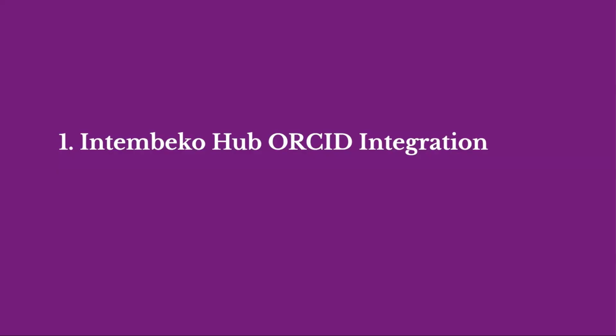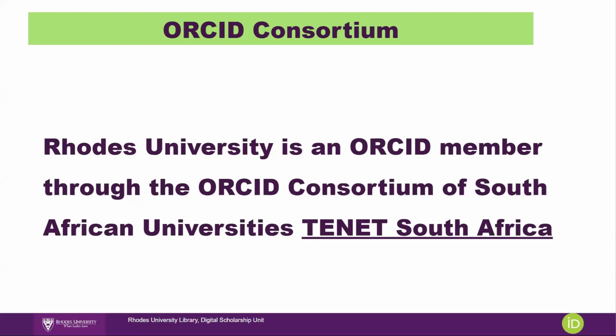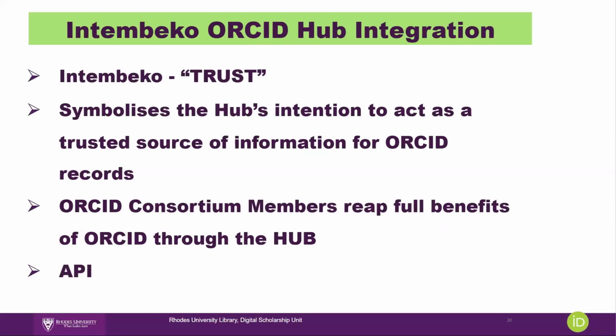This is our institutional affiliation. Rhodes University is a member of the ORCID Consortium for South African universities, which is TENET. Our institutional affiliation is the Intembeko ORCID Hub, which means trust in isiXhosa. The hub acts as a trusted source. Every time you publish through Rhodes University, your ORCID automatically updates itself. You don't have to keep updating.